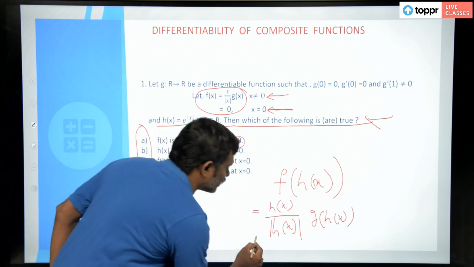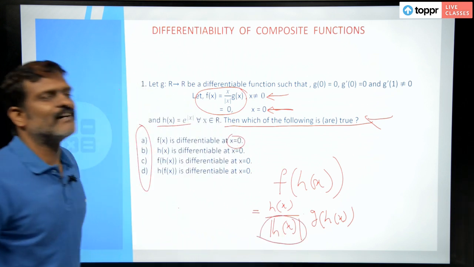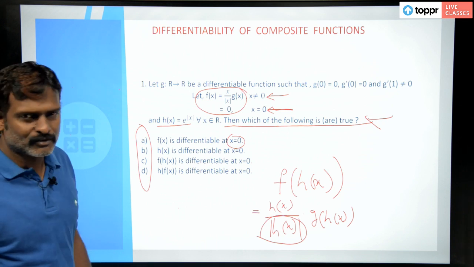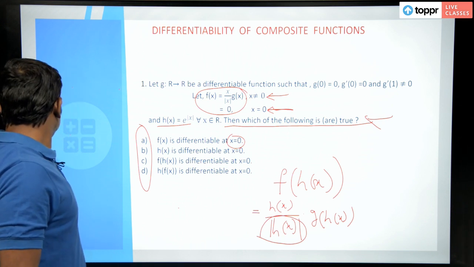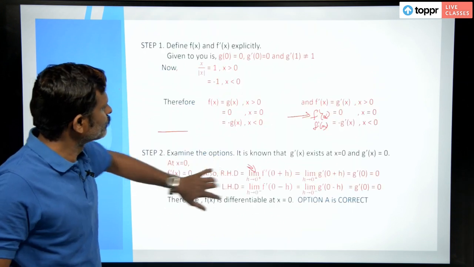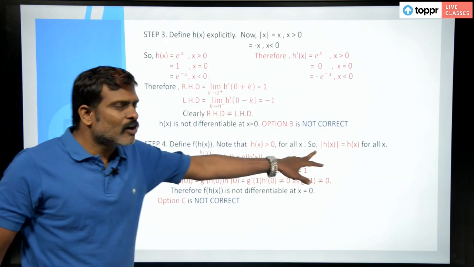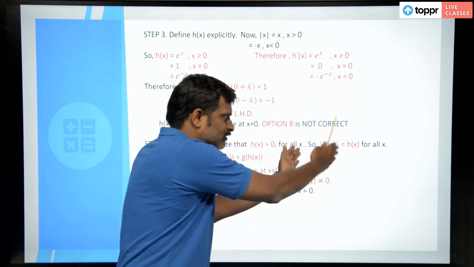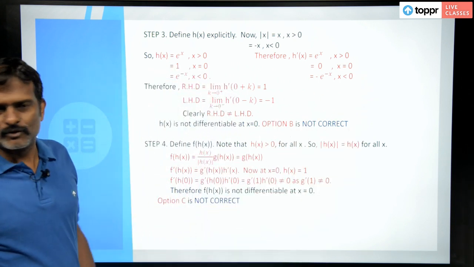That is the reason we are trying to find the value of absolute value of h of x. Since h is always positive, the modulus of it is always equal to the function itself. So, there is no difference.